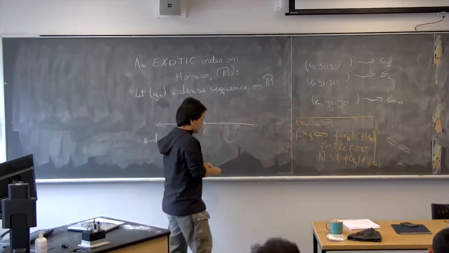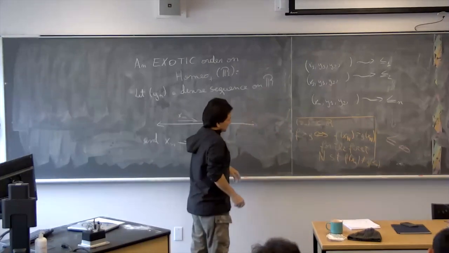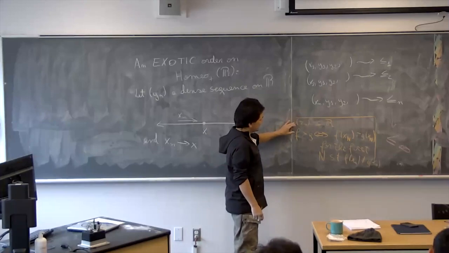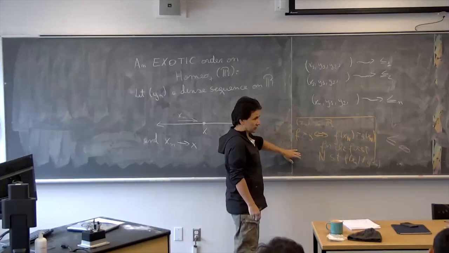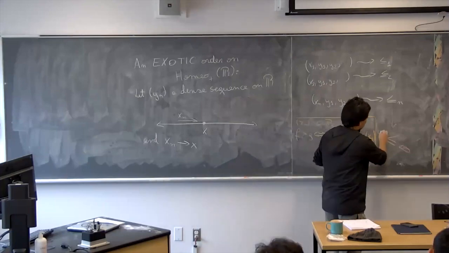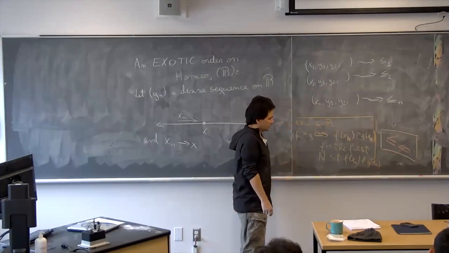This is the definition of a natural order. So whenever you have a dense sequence in the reals, this produces a total order on the group. What I claim is that this order doesn't arise this way.